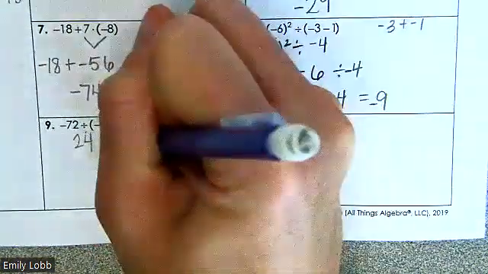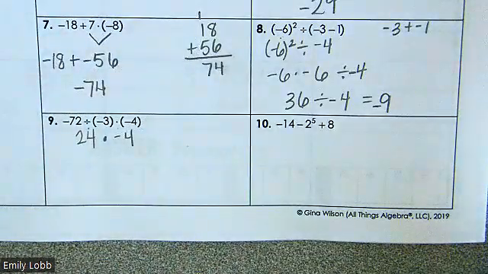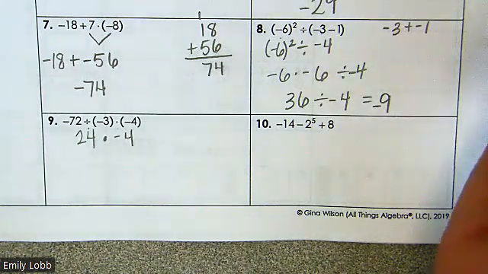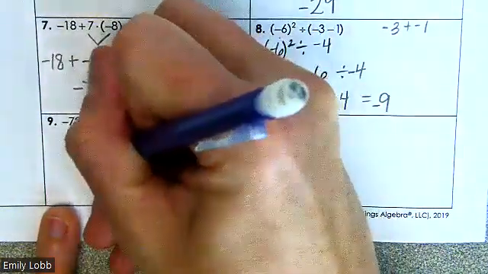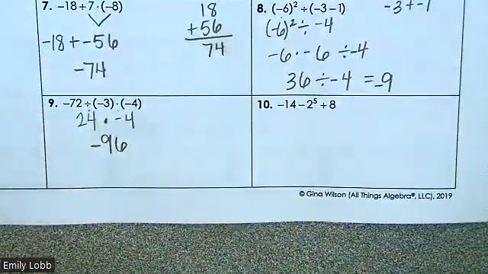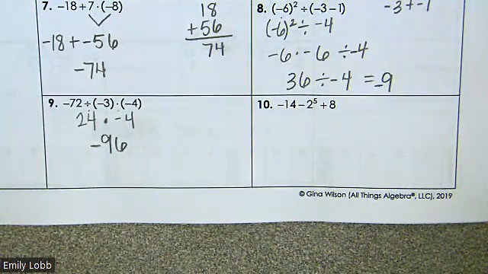24 times -4. So 72 plus another 24 hours would be 96 hours. And that's negative. I'm so confused. What are you confused about? Multiplying?